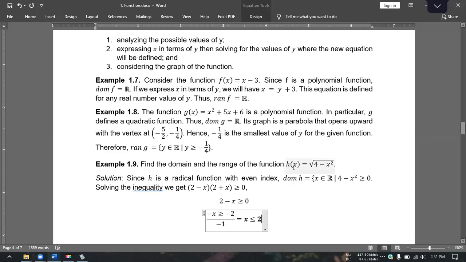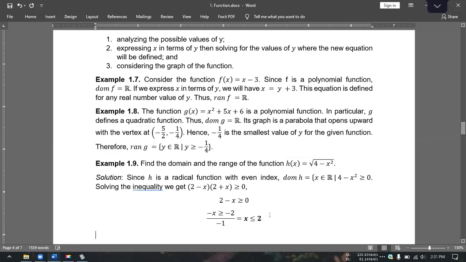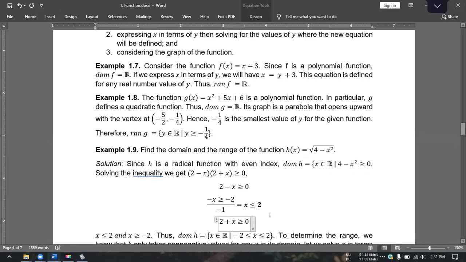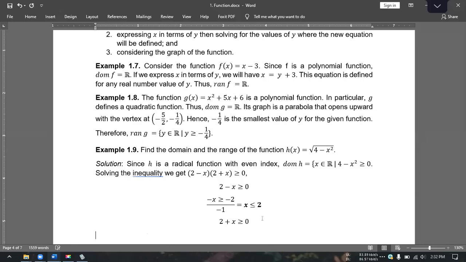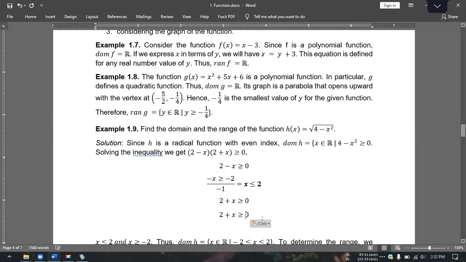And we also have another case. This is when 2 plus x is greater than or equal to 0. All we have to do is to transpose 2 to the other side of the equation. So we have now x negative 2.